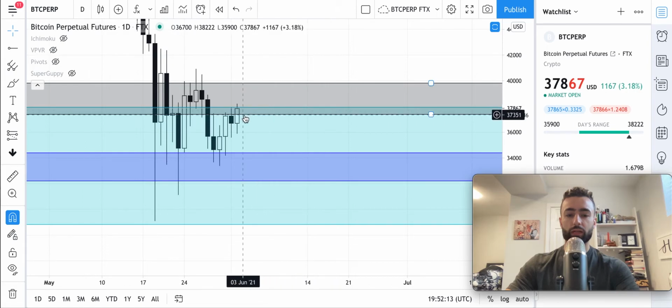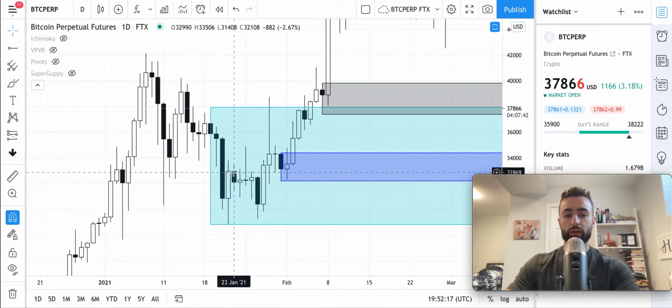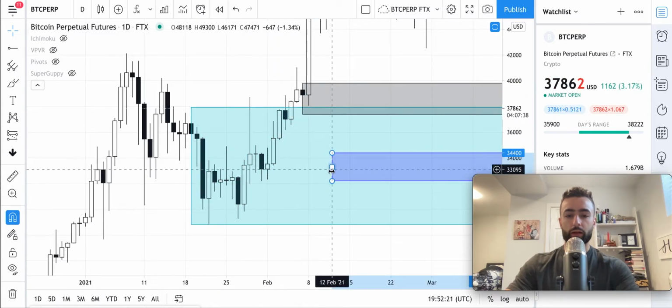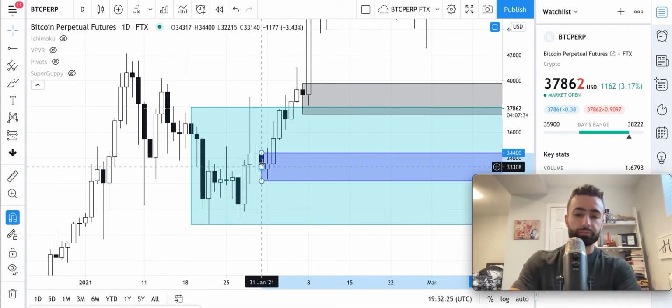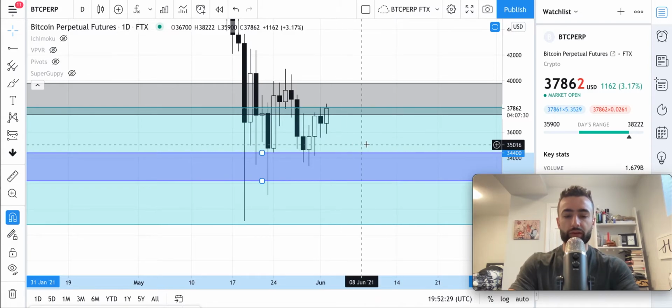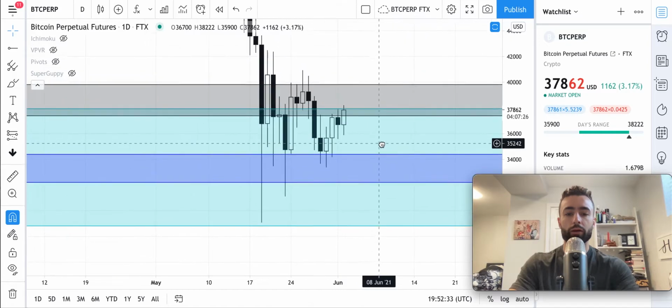That is currently our main resistance zone. And then our daily support level, which is down here from our bull trend right here. And this goes from about 34,000 down to about 32,100.